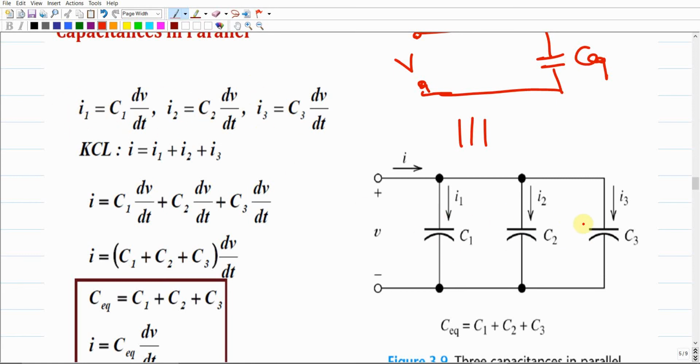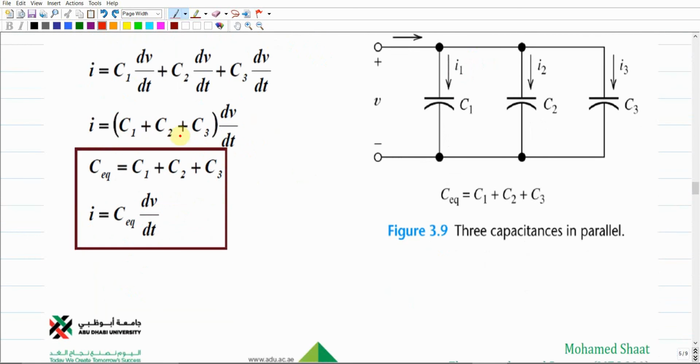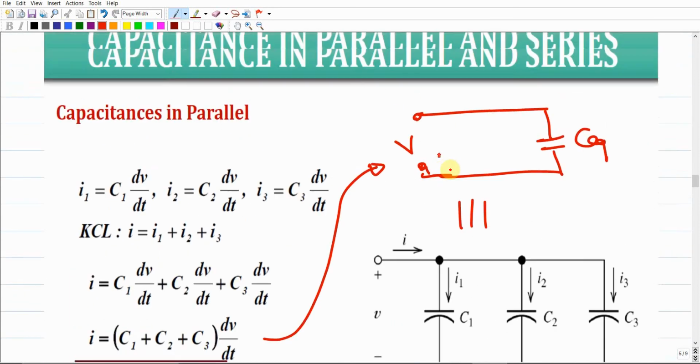The currents over these three capacitors are different. Then if we apply Kirchhoff's current law, we end up with this equation. As you can see, dV by dt is a constant that can be considered a common factor. So we end up with I equals C1 plus C2 plus C3 times dV by dt, which gives us the same equation of the current law.